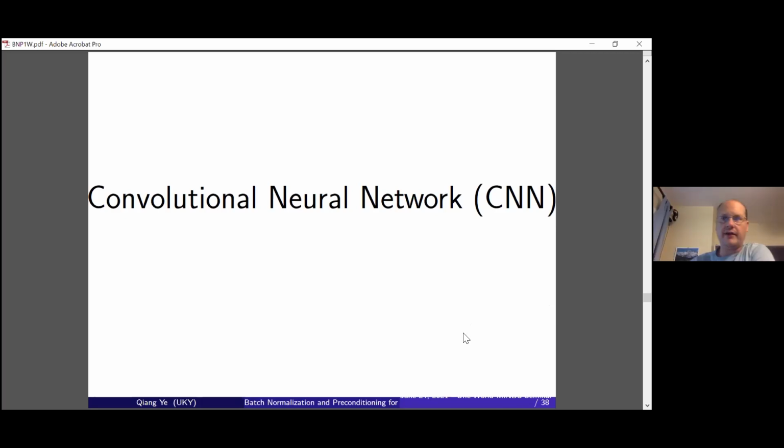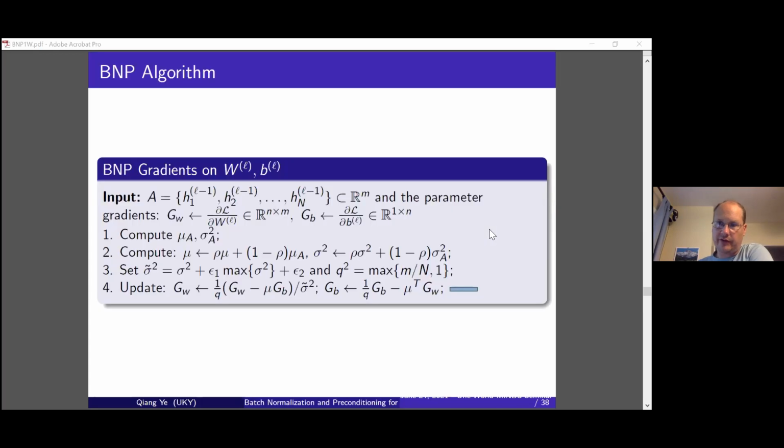Before you continue, there's a question about the last theorem, I think. It says, does the theorem only hold for initialization, since after training the weights become dependent on one another?